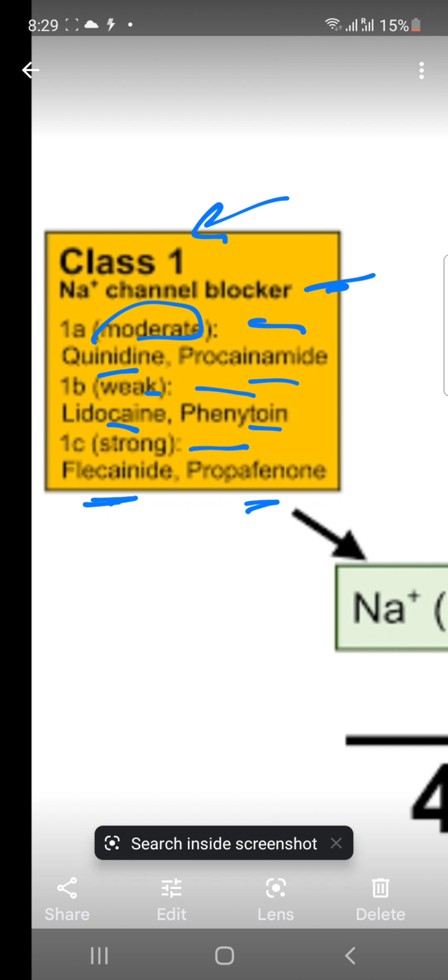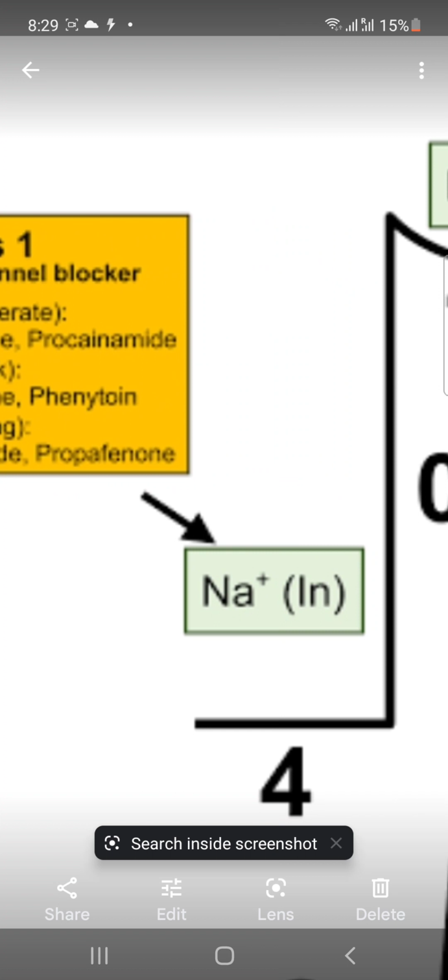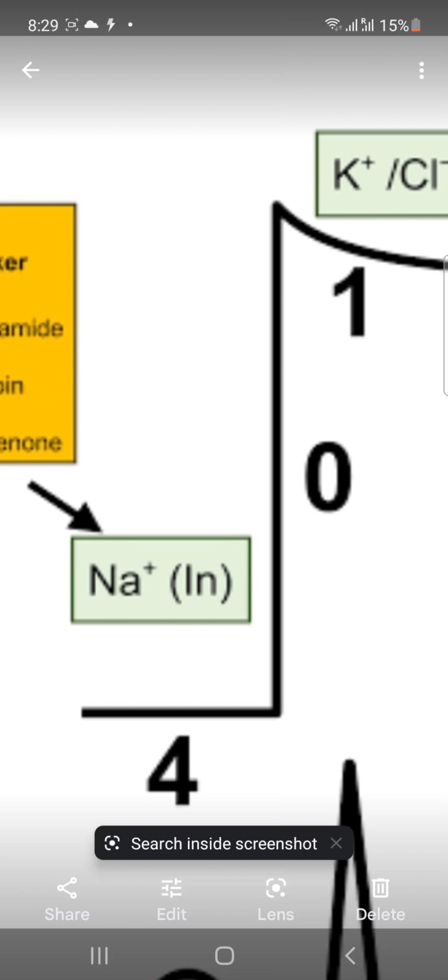Class 1 drugs bind to and block the fast sodium channels that are responsible for the rapid depolarization, phase 0, of fast response cardiac action potentials.